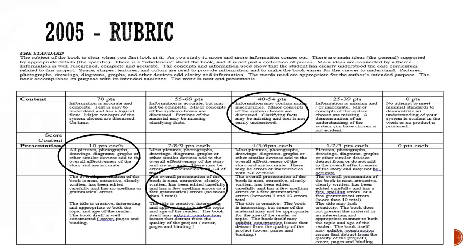Notice here, no more than 5 total grammatical or spelling errors. And if the title was creative and interesting and appropriate, they got 10 points for that. So a student could actually score in the mid-80s, but still not understand some of the content information that I was trying to provide.